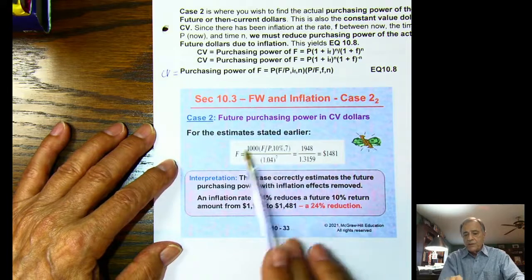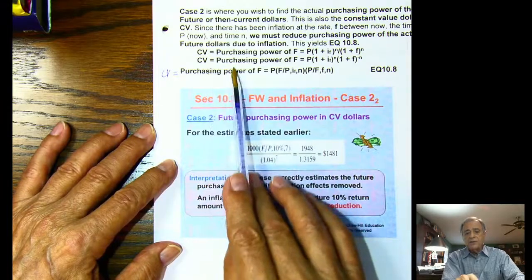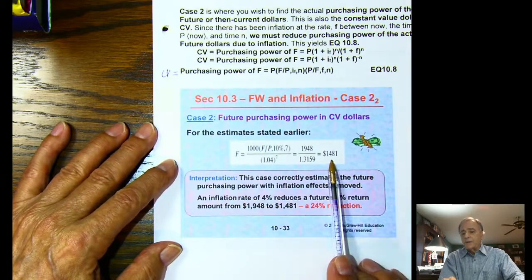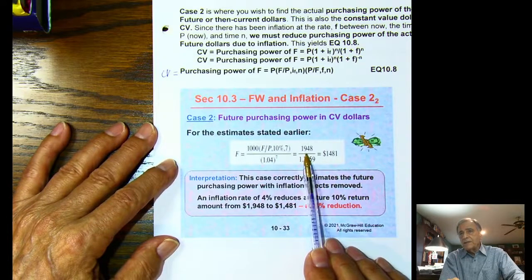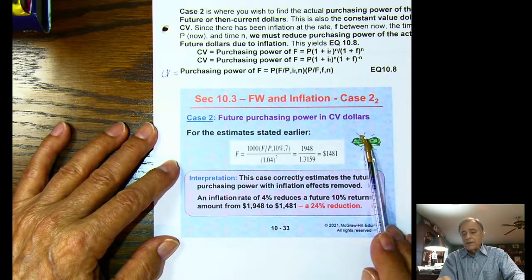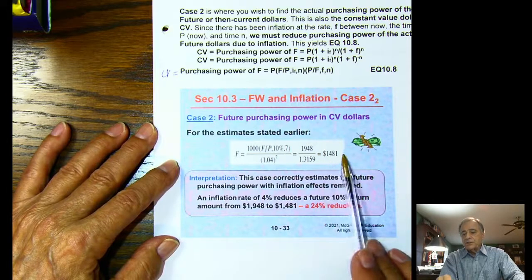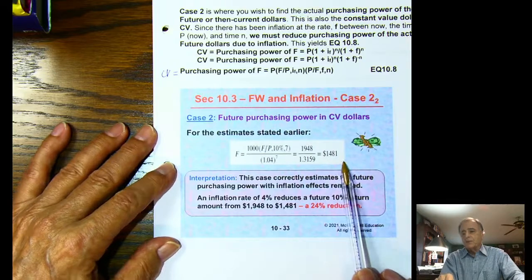When we do that, we're executing any one of these three equations. They're all the same. We get that even though this account will have $1,948 at the end of year 7, what it would buy in today's goods and services, because they'll cost more, would only be $1,480 worth of stuff.